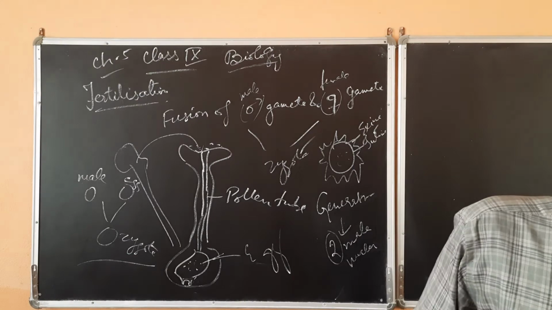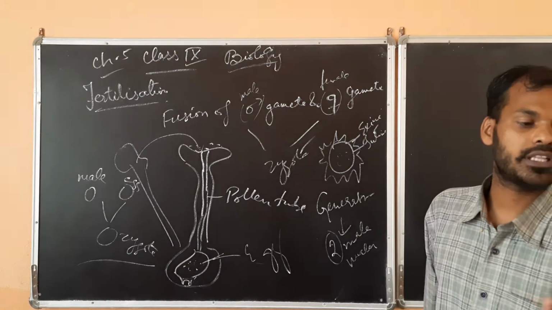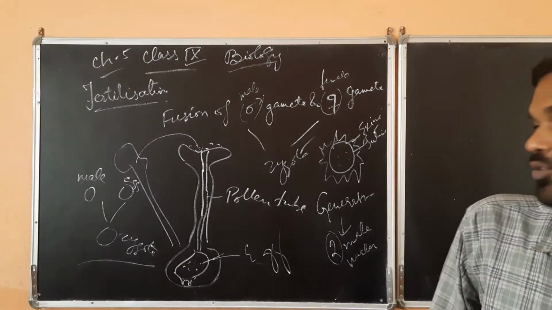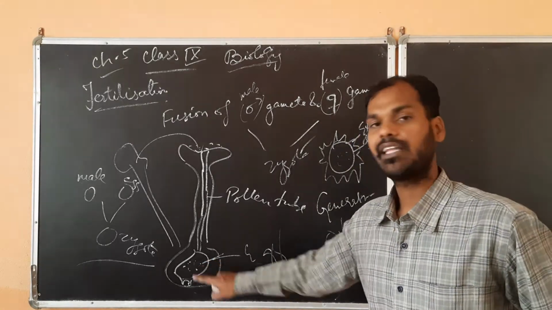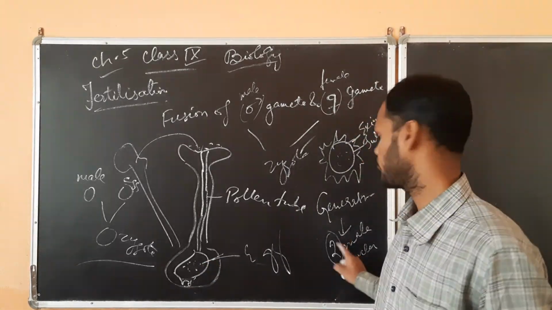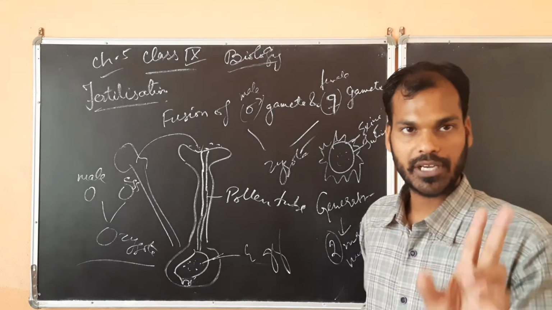The other male nucleus, since one has already gone to make the zygote, is left, and it fuses with the two polar nuclei. Two polar nuclei are already present in the embryo sac. Two polar nuclei fuse with one male nucleus, and 2 plus 1 becomes 3.